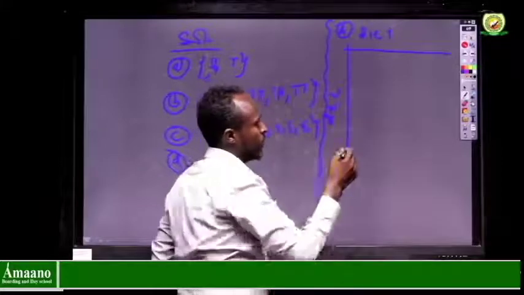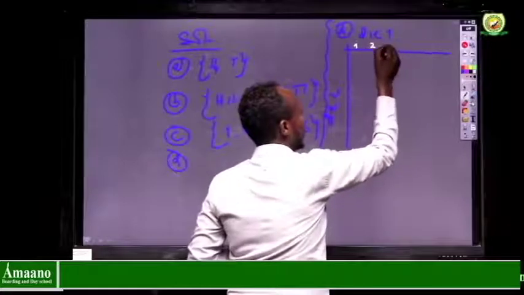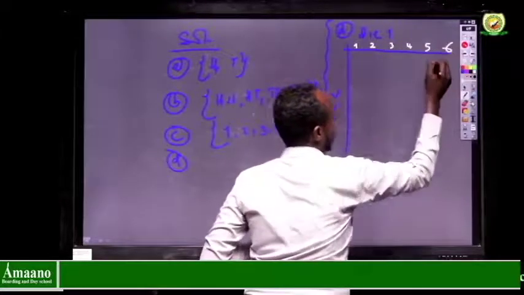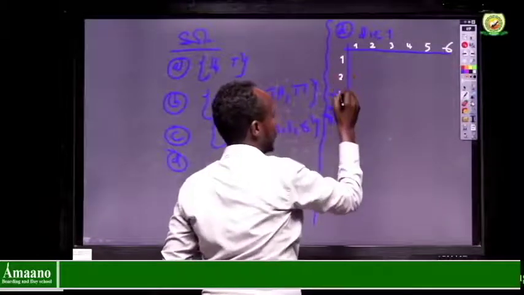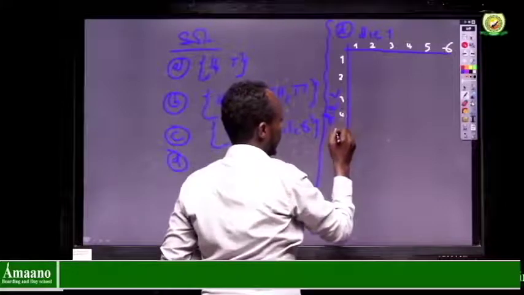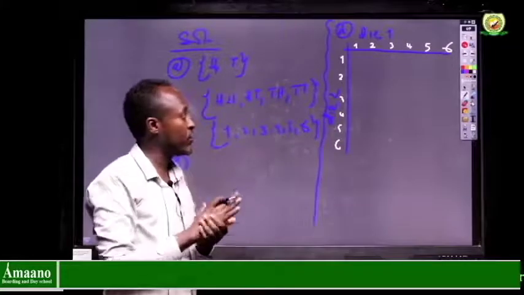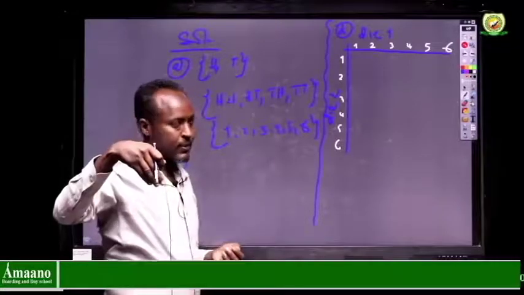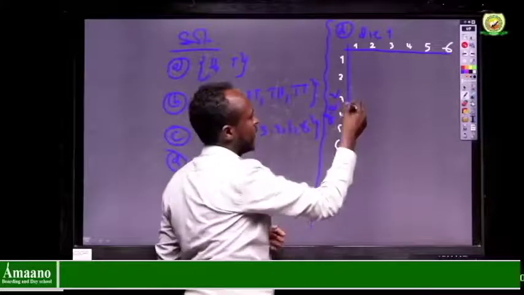The outcomes of die 1 can be 1, 2, 3, 4, 5, or 6. The outcomes of die 2 are 1, 2, 3, 4, 5, and 6. Let us continue. How many possible outcomes? There will be 6 times 6. We have 36 possible outcomes.